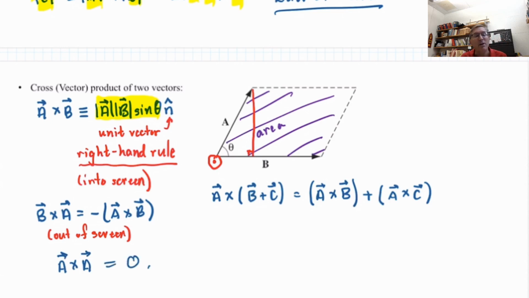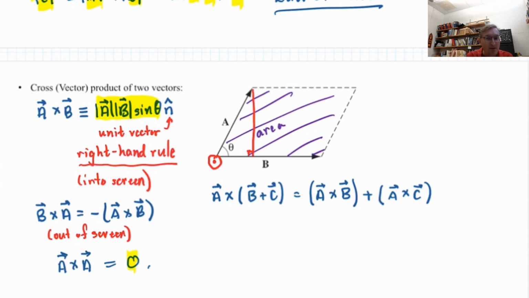If I'm taking the cross product of A with itself, then that theta, the angle between A and itself, is 0, and I have a sine theta in the formula there, and the sine of 0 is 0. Okay? You can think of that 0 there as the 0 vector, which by definition is a vector with magnitude 0. But it's very helpful to remember that.